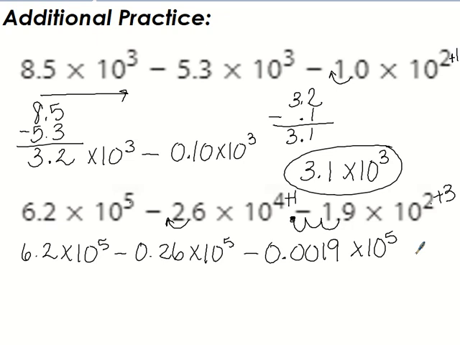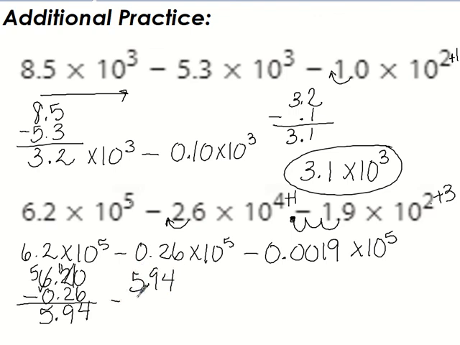Now that they all match, I can start subtracting. So I'm going to go 6 and 2/10 minus 2600ths. So I have to borrow, 4, 11, 10, 9. So we get 5 and 9400ths. Now that I have that, I'm going to subtract this crazy big decimal. You have to line your zeros up and your decimals up, so add these zeros. Now this is where people make mistakes. They just say 9.